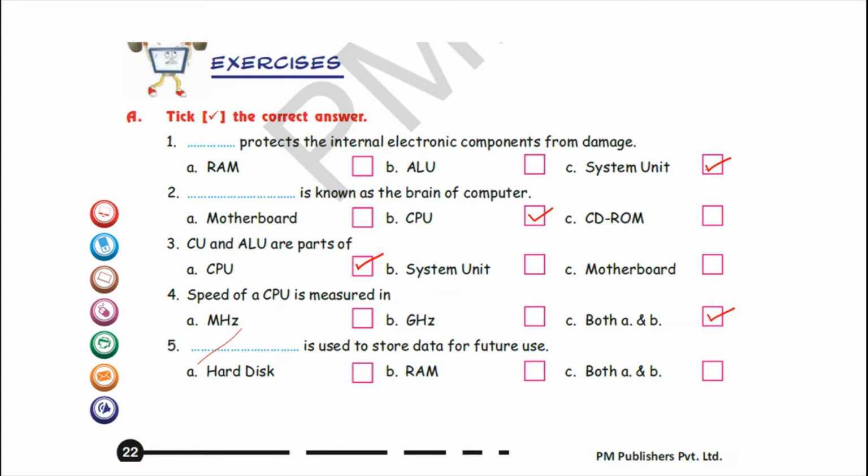Number 5. Dash is used to store data for future use. Options are A. Hard disk, B. RAM and C. Both A and B. And the correct answer is hard disk. So put a tick mark in the box in front of option A. Hard disk is used to store data for future use.